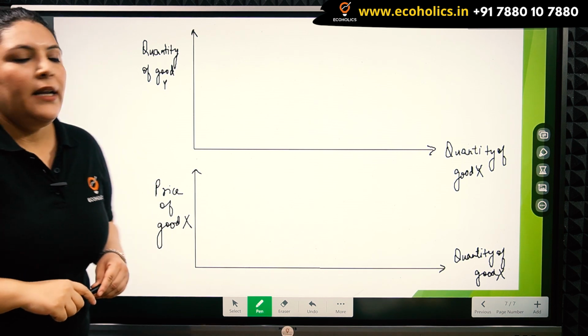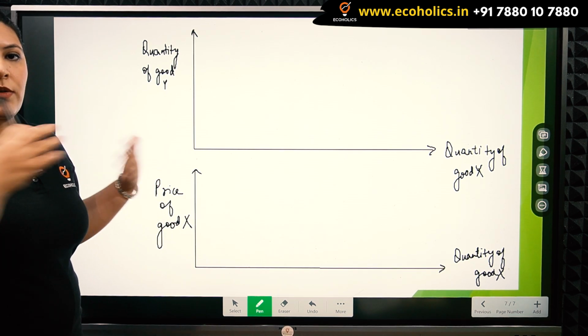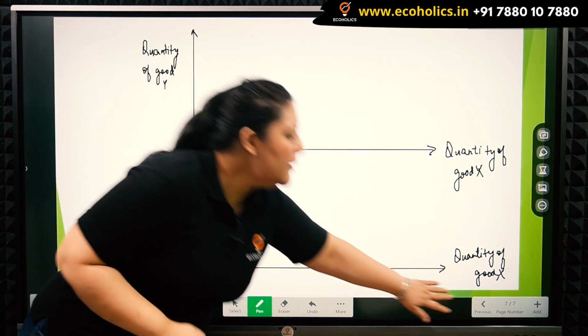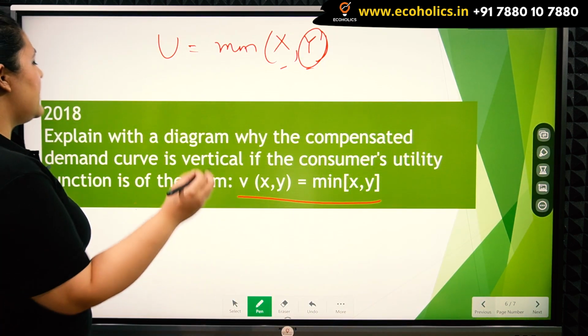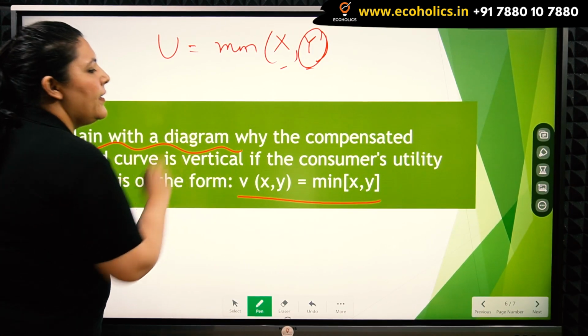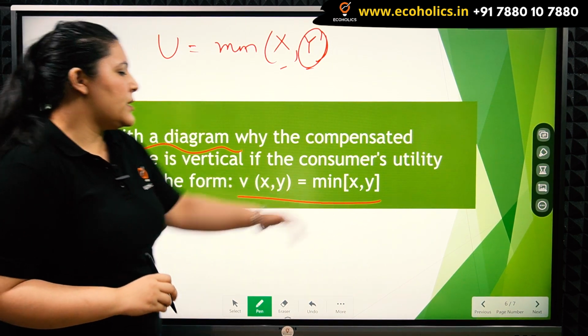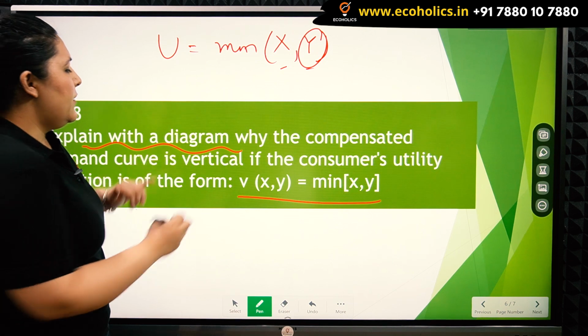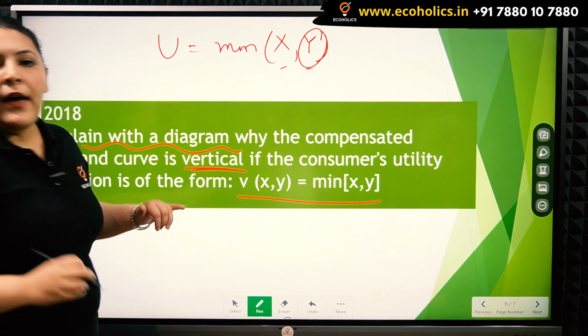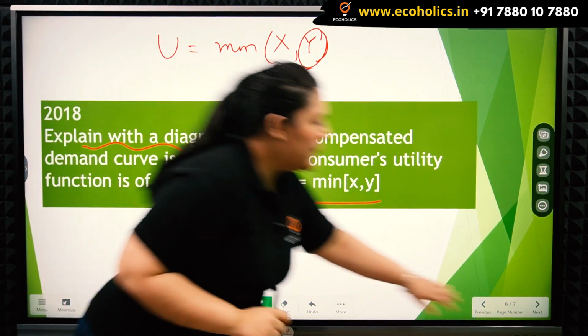Let us understand the mathematical variant of the same problem, because the question has specifically asked us to explain with a diagram why, in the case of perfectly complementary goods, the compensated demand curve follows a vertical line.